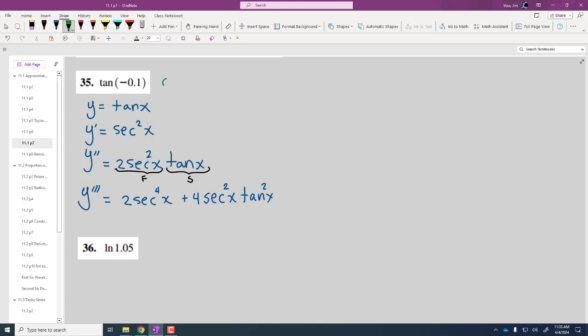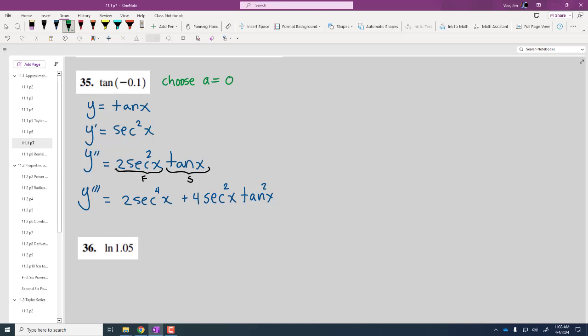We are choosing a to be 0 because that's super close, and we know the tangent of 0. So we're trying to pick a number that's close to the number that we're using as our approximation location, and we want to pick a value that the function can be evaluated at easily.